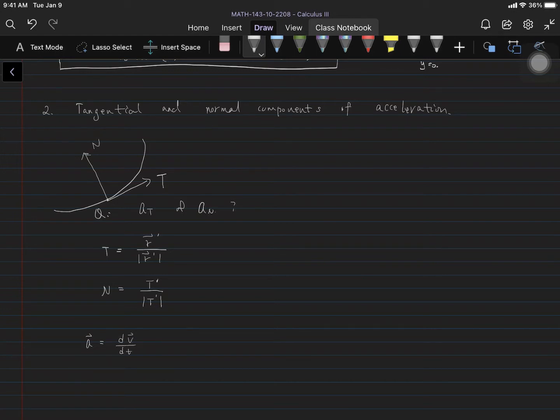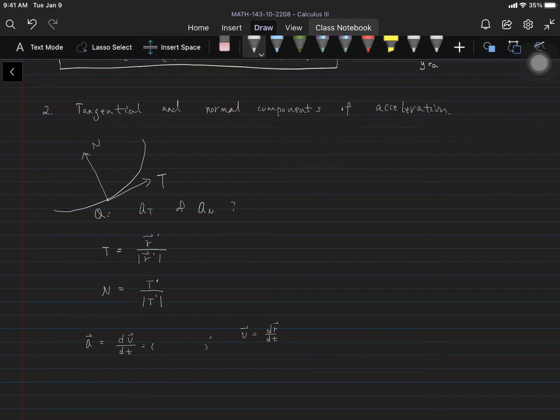And what is v? The v vector is dr/dt. Actually, that's the velocity vector, right? And we are going to write this down this way, in Newton's notation.